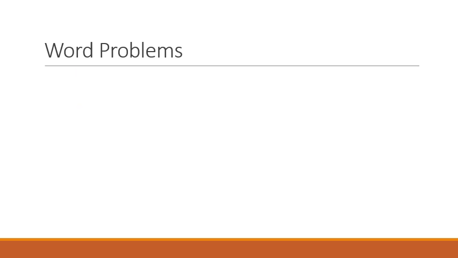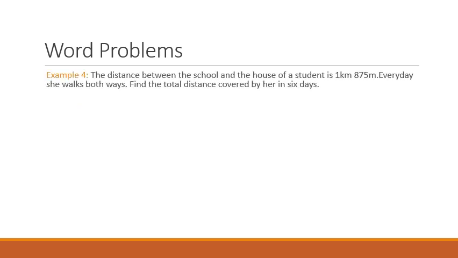Now let's see one more example. Example 4. The distance between the school and the house of a student is 1 kilometer 875 meters. Every day she walks both ways.